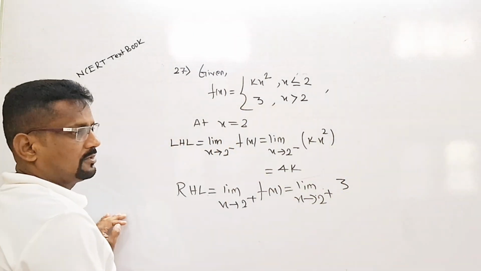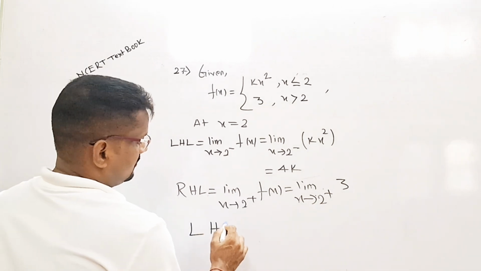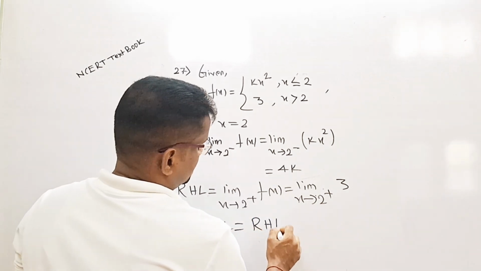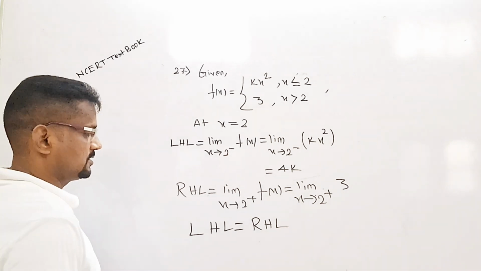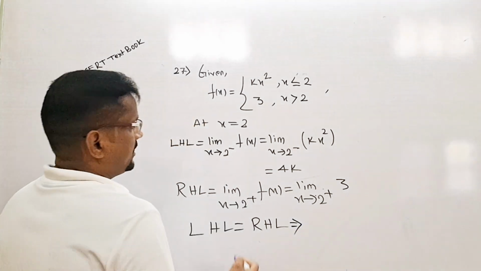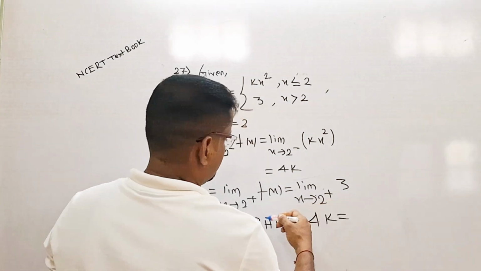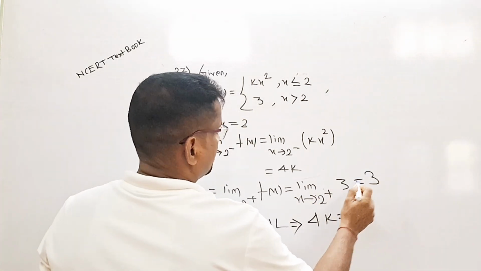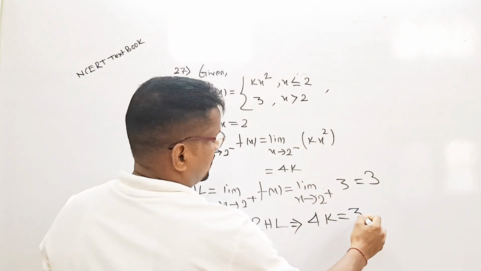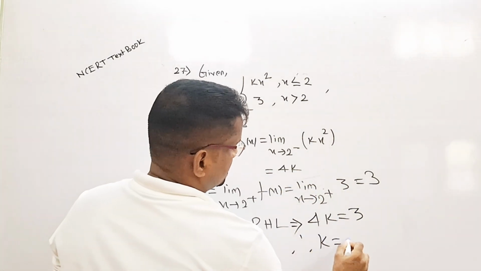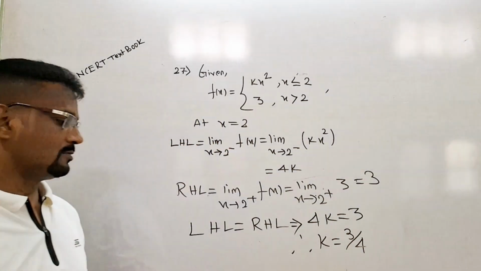As the function is continuous, LHL equals RHL. In your exam you write: as the function is continuous, so LHL equals RHL. LHL is 4k and RHL is 3. So 4k equals 3. Therefore, k is 3 by 4 in this case. So we solved this question also.